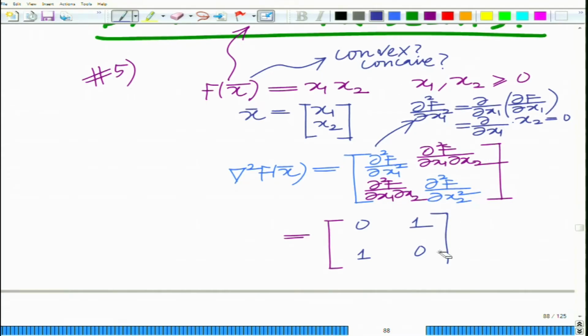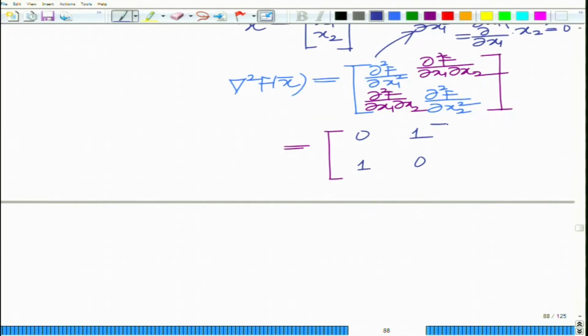Now, first thing you can see is this is a symmetric matrix, correct. So, this matrix here, the Hessian, is a symmetric matrix, but this is not positive semi-definite.